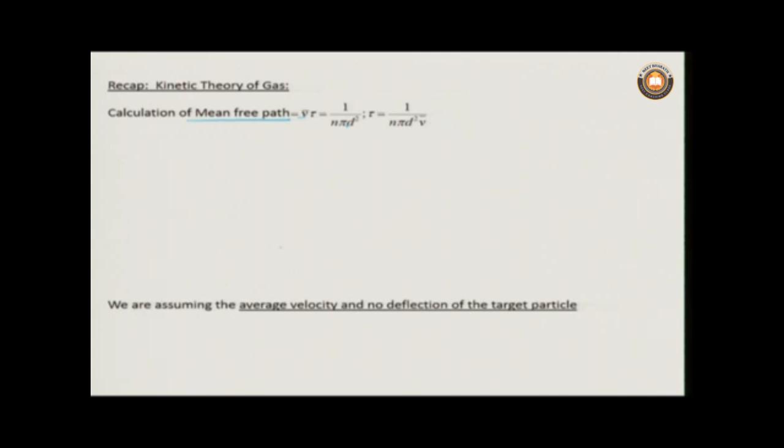Now, here we assume that molecules are hard spheres with a diameter d. Then what did we do? We constructed a cylinder. This is the height, and this area is pi d square, and molecular diameter is this d, and this radius is d.